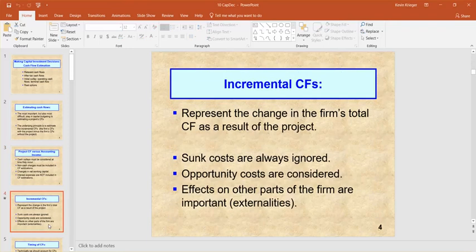Okay. So there's the terminology. Incremental cash flows, those are the ones that matter. Sunk costs are something that you should ignore. Sunk costs are ones that have already happened. For example, you commissioned a study to consider doing a project. Well, if you spend $1 million on the study, then that has no bearing on your cash flow estimates of the actual project.